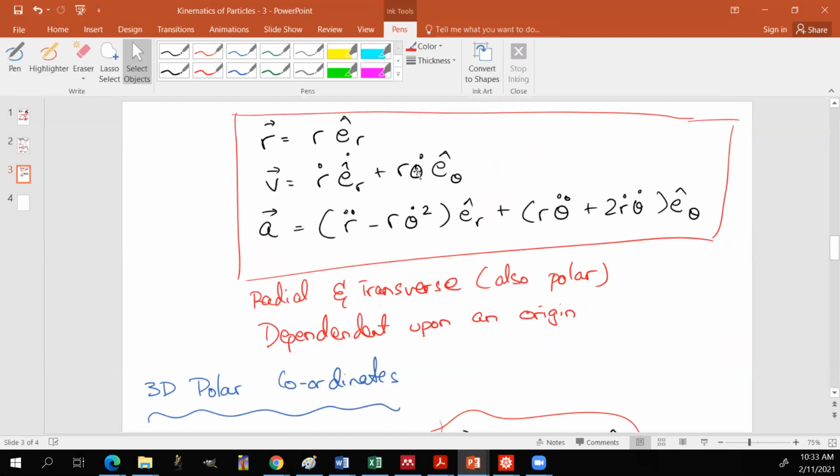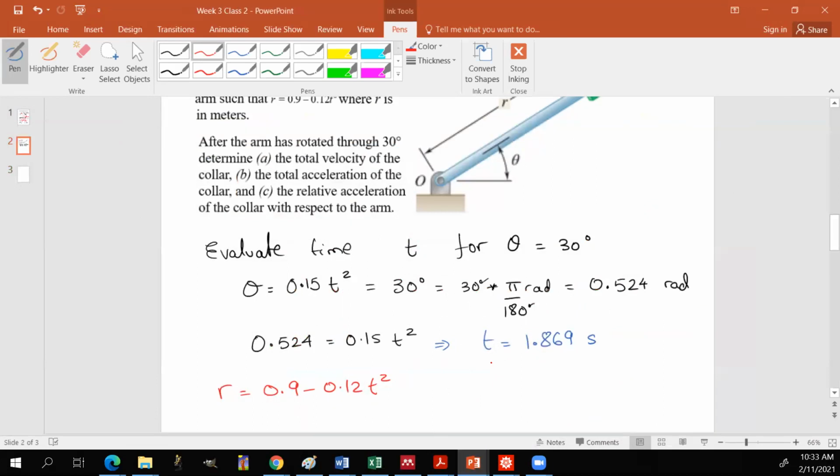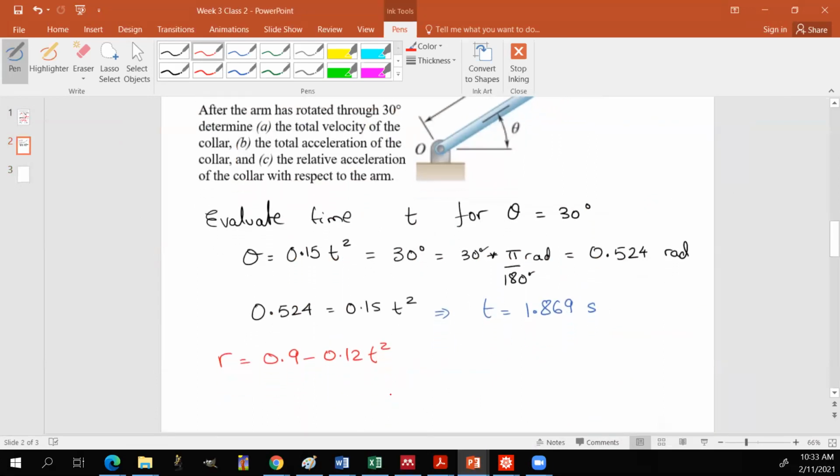And then we also need to find out what theta dot is and what theta double dot is. So r is equal to that. You can figure it out at the time t equals 1.869 seconds. It's just 0.9 minus 0.12 times 1.869 squared, right? What does that come out to be equal to?